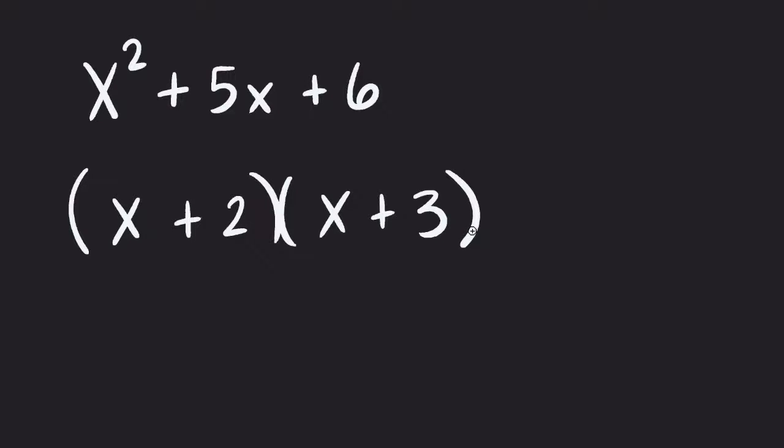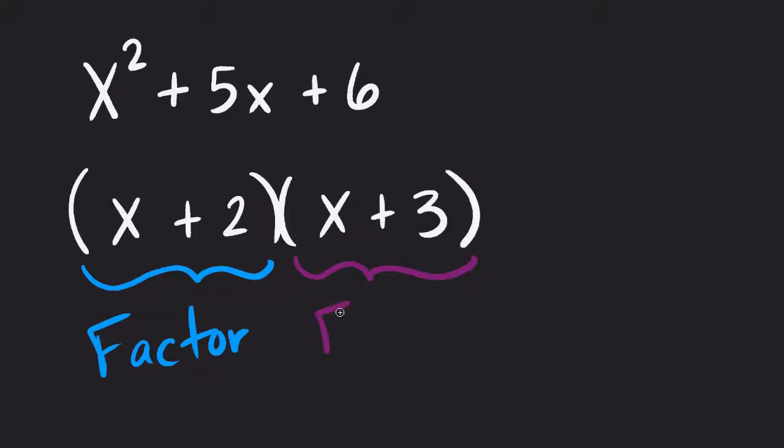So we could talk about this a little bit more advanced when we get into these problems and realize that this would be a factor and this would be a second factor.